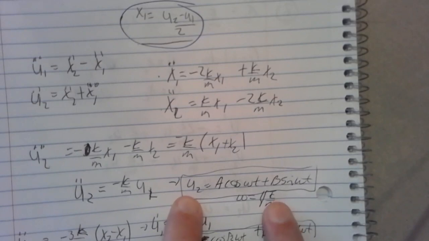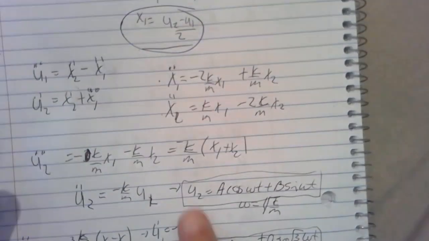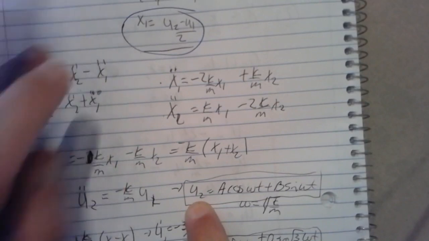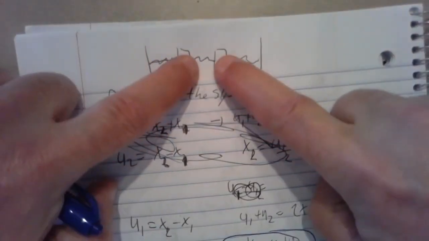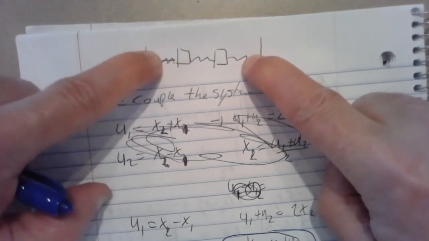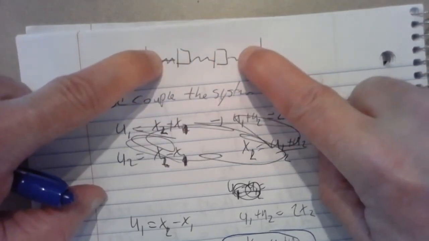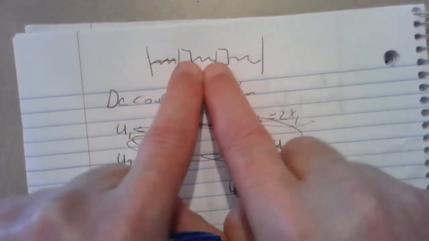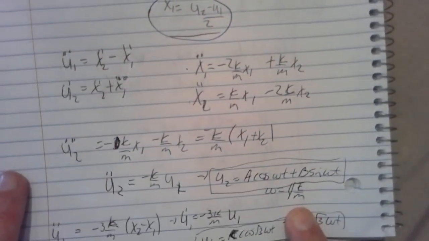So this guy says, if you start with 0 velocity, remember b here is going to be our initial velocity, this says, who is u2? The x1 plus x2. If I separate these guys out some distance a, so this guy comes back a, he goes forward a, and I let it go, then these guys will just bounce back and forth with this angular frequency, square root of k over m.